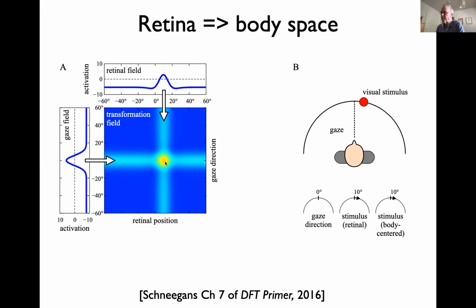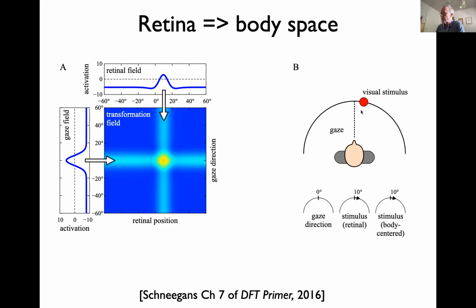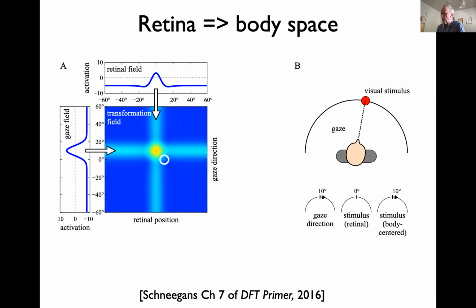This is the combined gaze-retinal combination, and it corresponds to that position in the world. Now, if I shift gaze, wrong direction, shift gaze to fovealize the stimulus, then my retinal position is now 0. So this has moved to the left, is 0, and my gaze angle has increased to be 10.